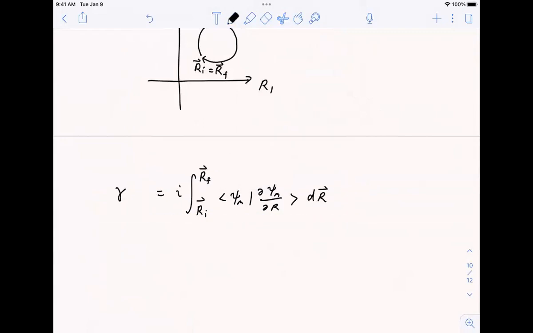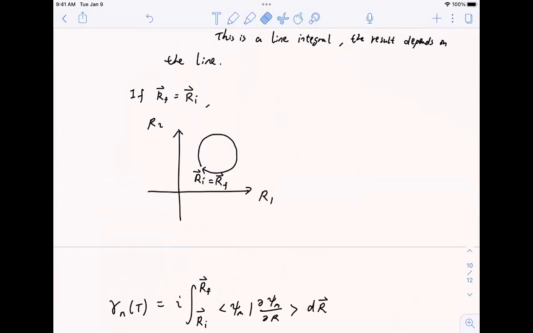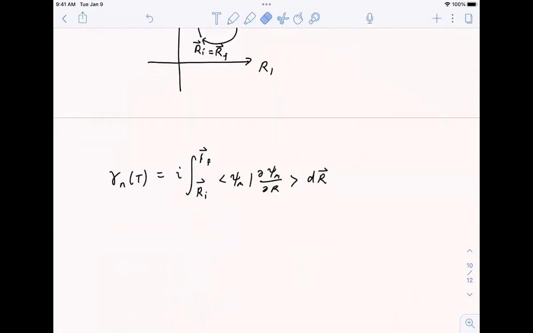This gamma will be a period. After a time t, then this one will become a closed loop integral.